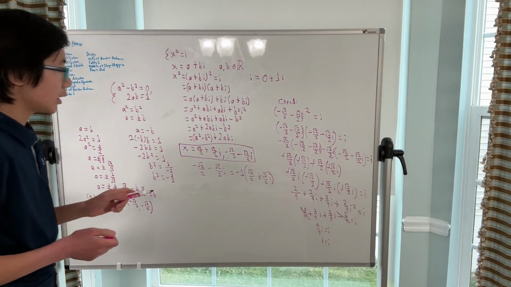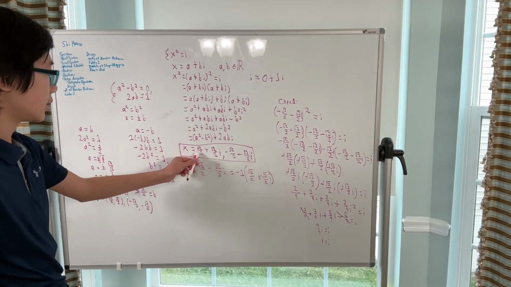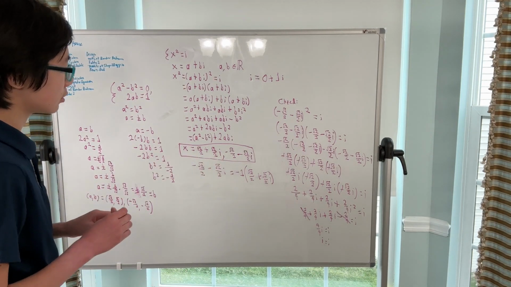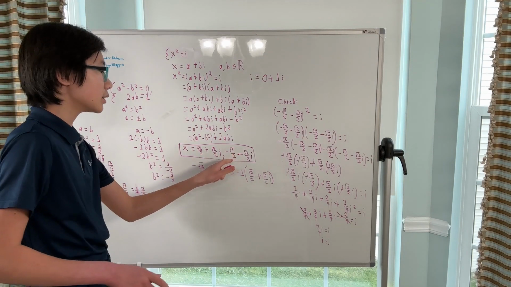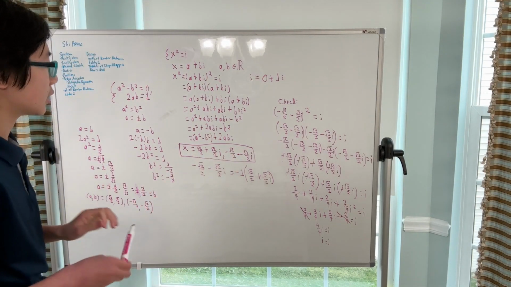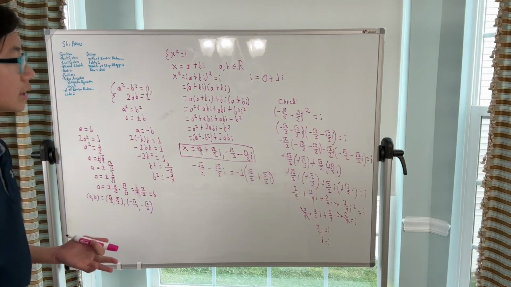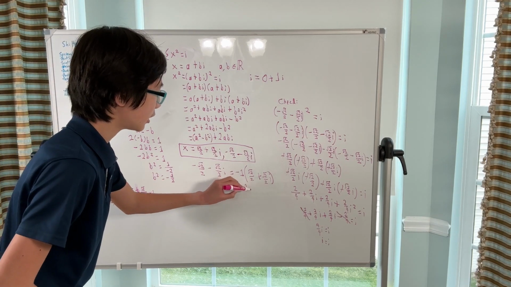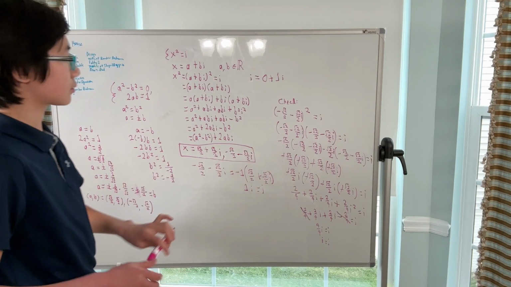Right? And if the quote-unquote positive value for x is true, which we just checked, then this quote-unquote negative value must also be true, because when we square this, the negative 1 when squared just equals 1. So the result will be 1i, which will just be equal to i.